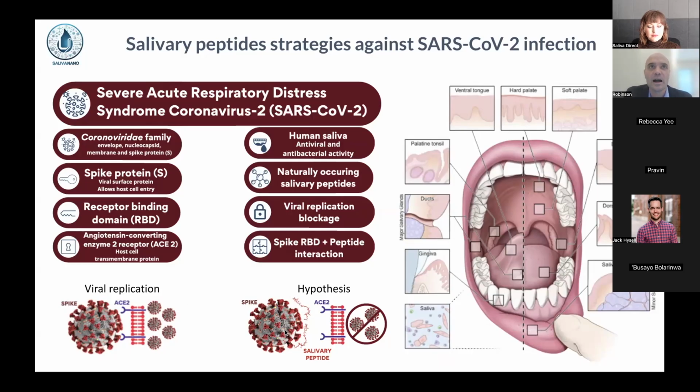Our hypothesis was that high affinity interaction between salivary peptides and the RBD domain can prevent SARS-CoV-2 replication, because if this salivary peptide blocks the connection of SARS-CoV-2 with ACE2, we do not have this replication.